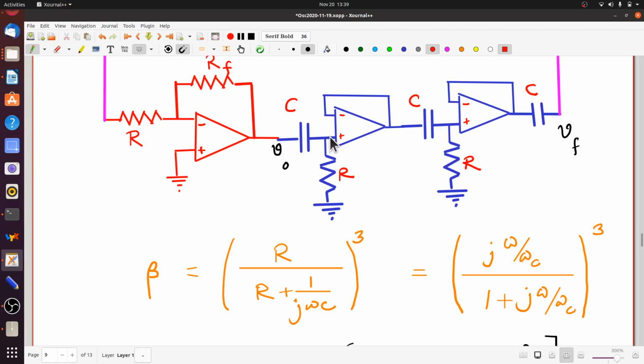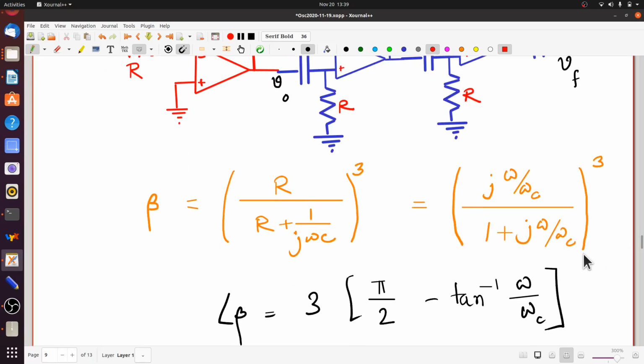So this output is unaffected by the fact that there is another CR network and then another CR network. So this, of course, can be simply rewritten in this form. You can multiply through by the j omega C and divide, and then this becomes j omega CR by 1 plus j omega CR, and writing RC as 1 by omega c. The omega c stands for critical frequency. This is the form you get.